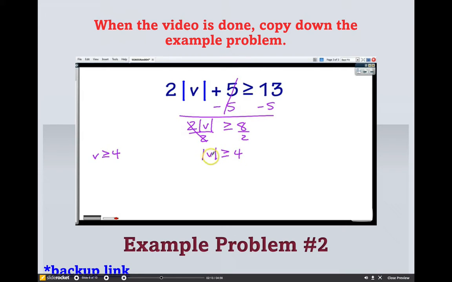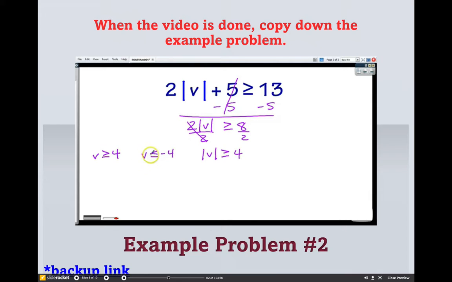So then what other numbers? Well, -5 would work, -20, -100. So basically, starting at -4 and then going backwards on the number line, it could be any of those negative numbers. So what we get is v could be, in this case, less than or equal to -4. Because we're starting at -4, but for all these other numbers we're actually having to go less than that, backwards on the number line.